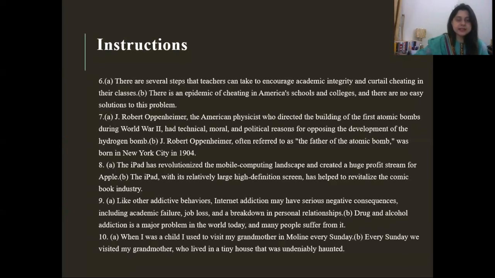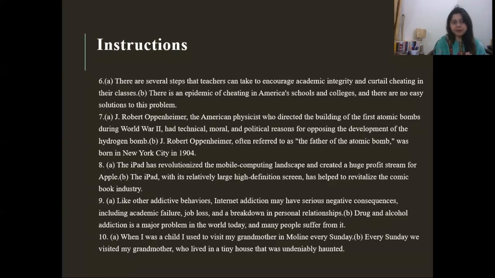This is the first thesis statement. Probably the topic is related to cheating. The second is, there is an epidemic of cheating in America's schools and colleges, and there are no easy solutions to this problem.